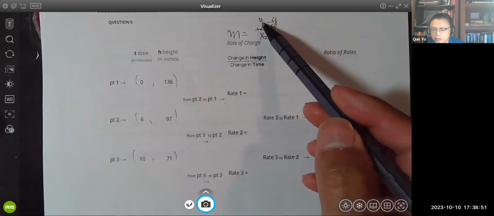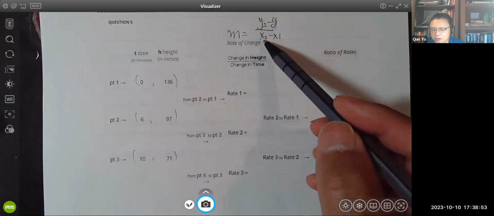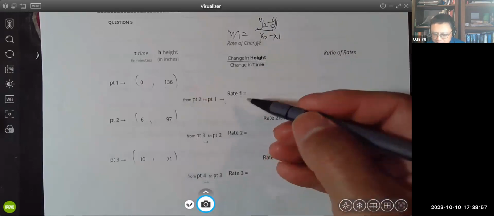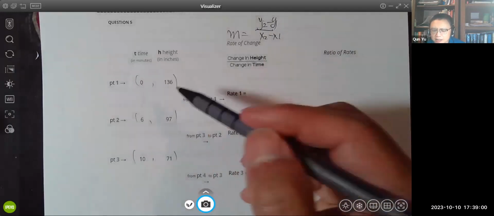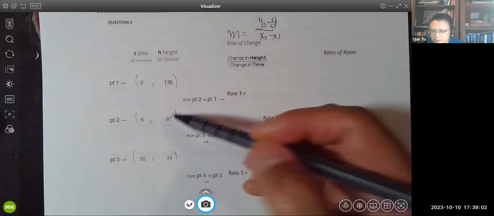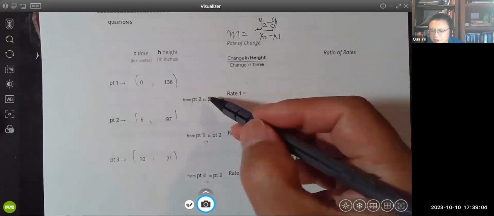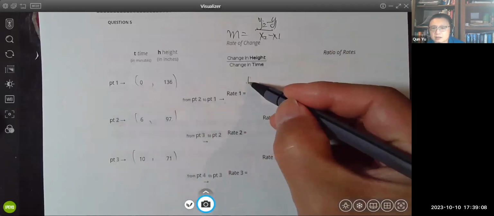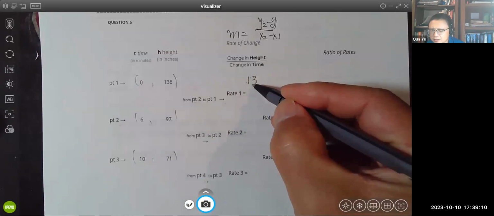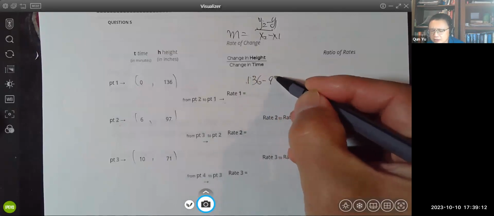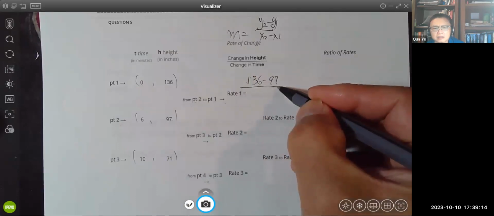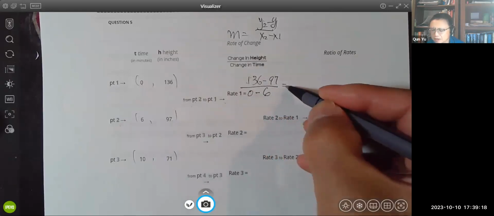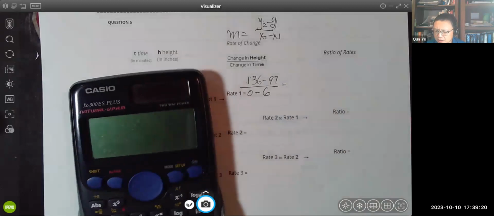If you go from 1 to 2 on the top, you need to go from 1 to 2 on the bottom also. As long as you do that, you'll have no problem, okay? I'm going to just, for convenience, use the top number minus bottom number. So this is between these 2 points, point 1 and point 2. So 136 minus 97 over 0 minus 6. So let's do the calculation using a calculator.